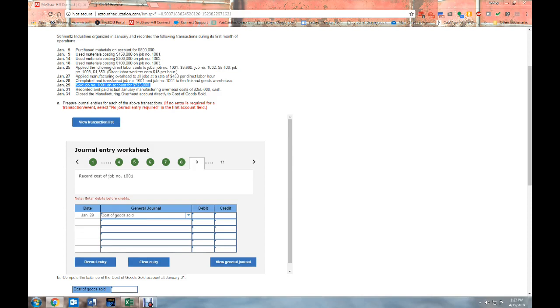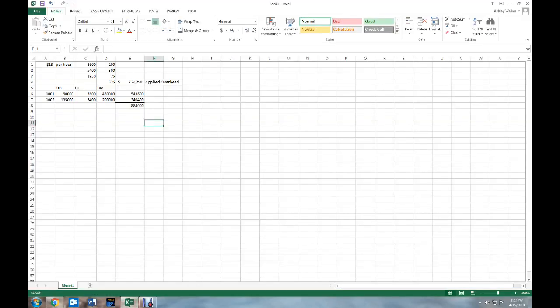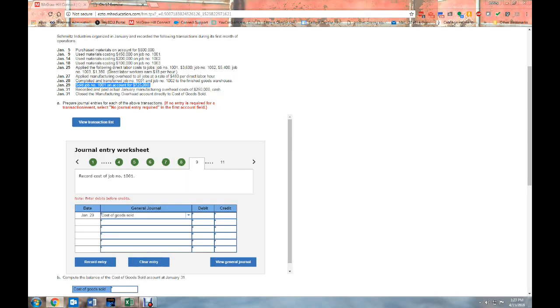So 1001, we go back and look at our Excel spreadsheet, cost us $543,600. So now, that's our cost of goods sold for job number 1001. And again, 1001 is coming out of finished goods inventory.